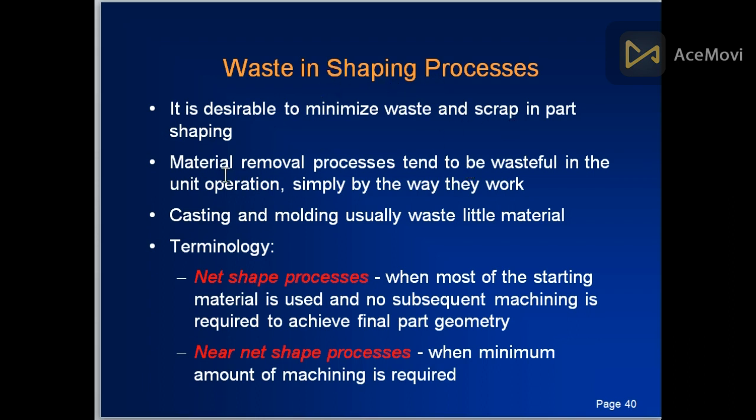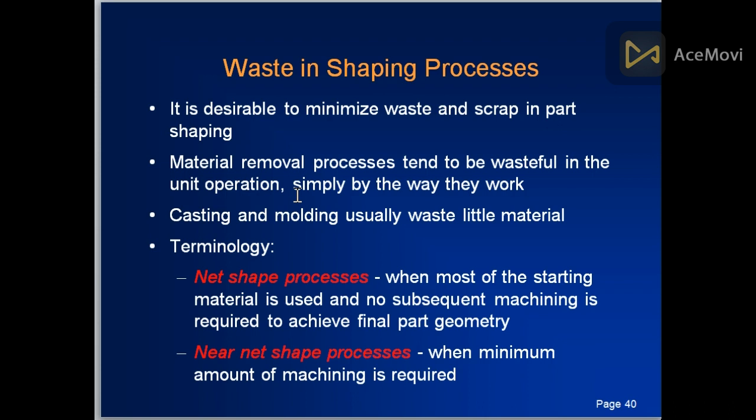Waste in shaping processes: it is desirable to minimize the waste and scrap in the part. When we do machining, there is a lot of waste of material. The task of an engineer or a student of manufacturing processes is to minimize that waste.